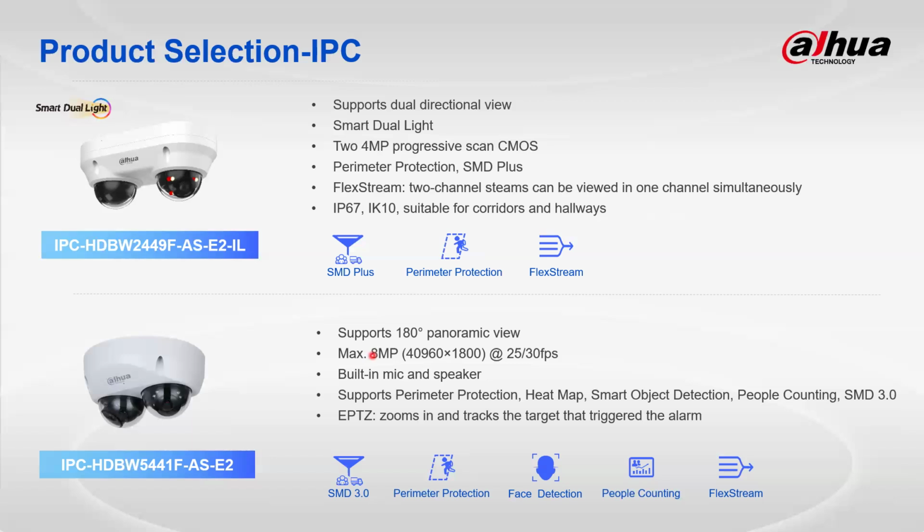So through this, the WizMind 5 Flex Stream multi-directional camera supports a maximum of up to 8 megapixel, while the WizSense 2 multi-directional camera supports 4 MP, progressive CMOS scan.